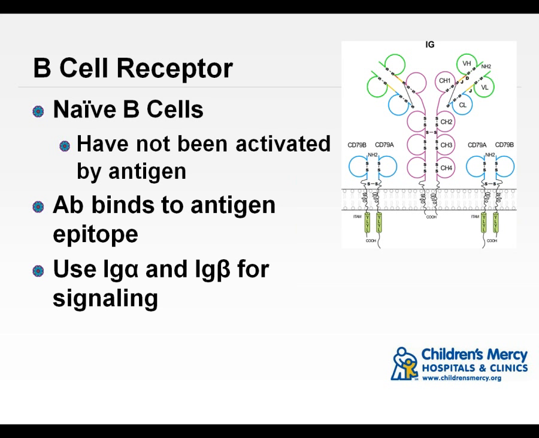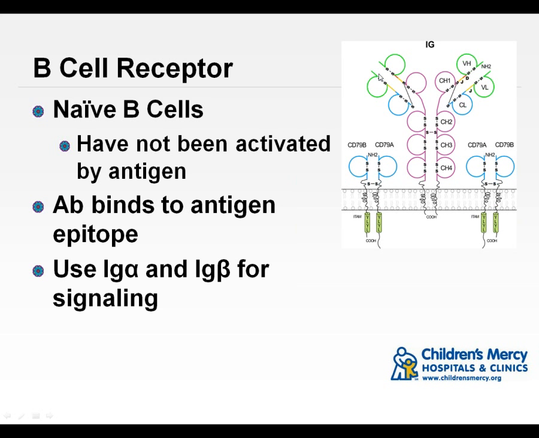Okay, so this IgM is in the form of a B-cell receptor, bound to the outside of a B-cell. These antibody binding regions will bind to an epitope of an antigen. Epitope is just the part of the antigen that gets recognized by the antibody.